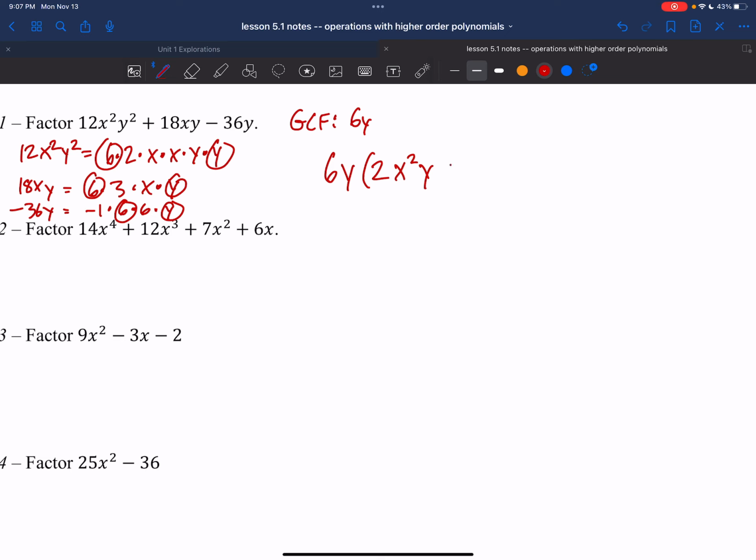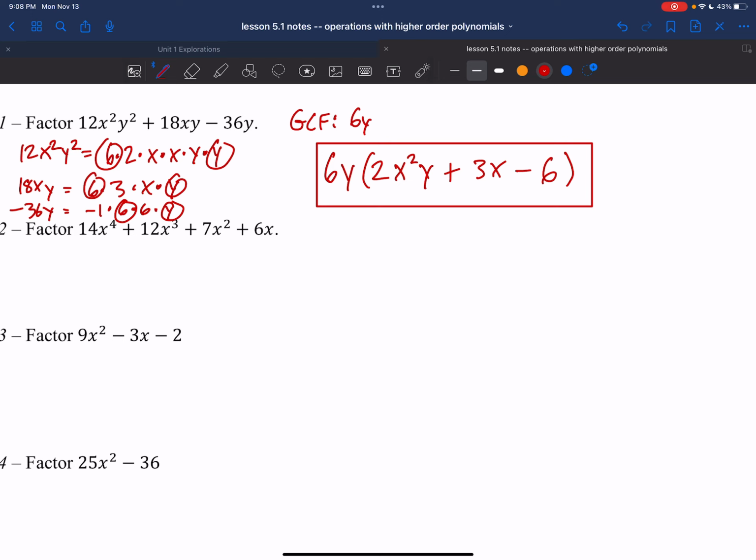And then plus, 6 times 3 is 18. I'm missing an x, but I already have a y. And then minus 6 times 6 is 36, so that's a 6 there, but I already have a y. Done. That's GCF. That's just a quick reminder on it.